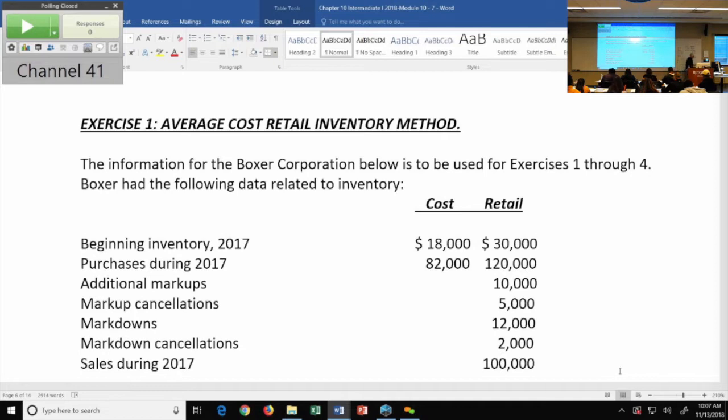The cost to retail ratio is designed to deflate the ending inventory at selling prices. So we're always going to get a goods available for sale at retail.